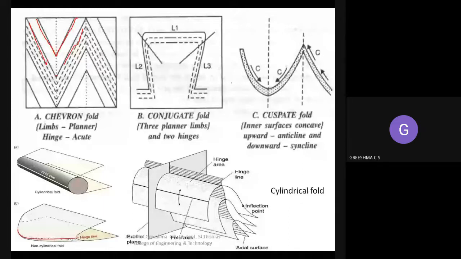In this fold you can see two hinges, this is one hinge and this is another hinge, and the number of limbs is 1, 2 and 3, and the top limb will be flat. This type of fold is called a conjugate fold.